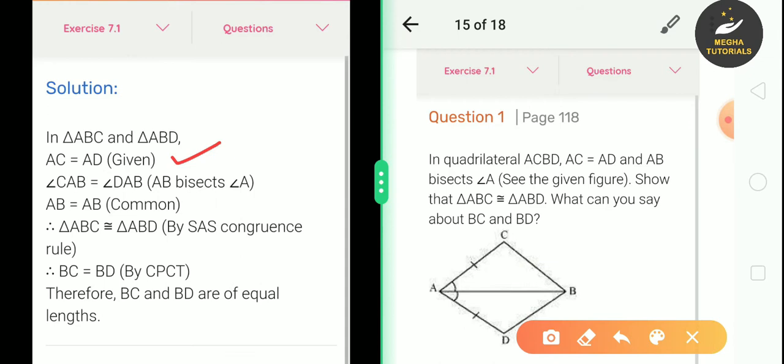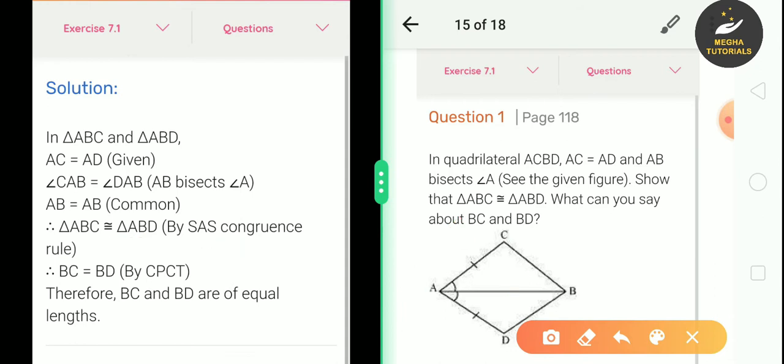Angle CAB is equal to angle DAB because AB bisects angle A. It is also given, and AB is a common side between these two triangles. Therefore, AB is equal to AB. So if you can see in the diagram, side, angle, side for triangle CAB. So triangle ABC and triangle ABD are congruent using the side angle side congruency test.